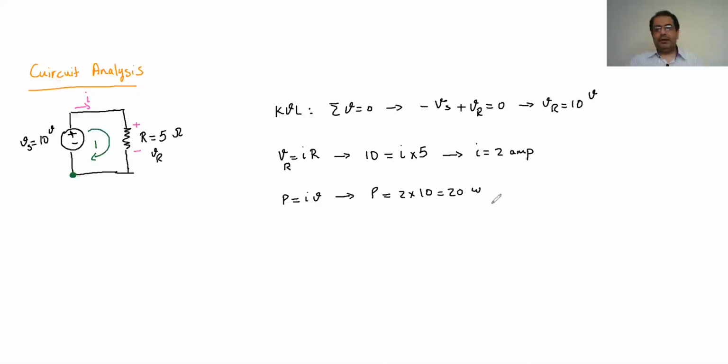And if this one is using 20 watts, it means that the battery is providing 20 watts. So if here we have positive 20, the power in the battery is negative 20. So the battery provides that power that this resistance is using. So here is negative 20 watts provided by the source, and here is positive 20 watts, which is used by the resistance.